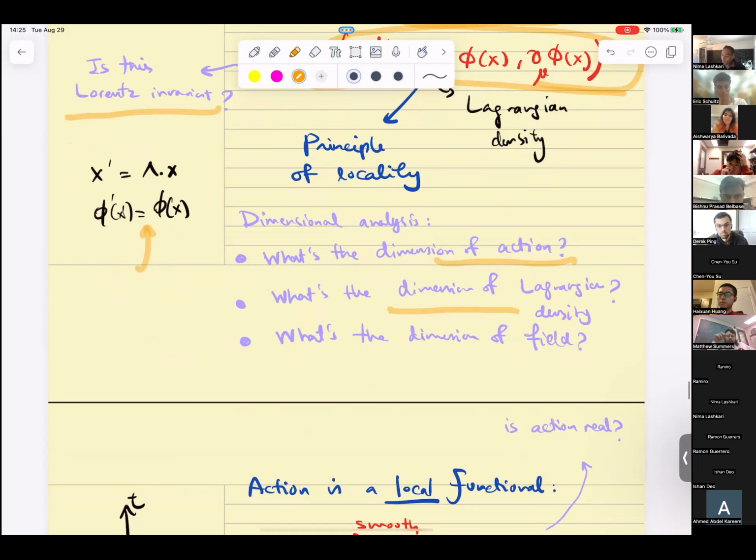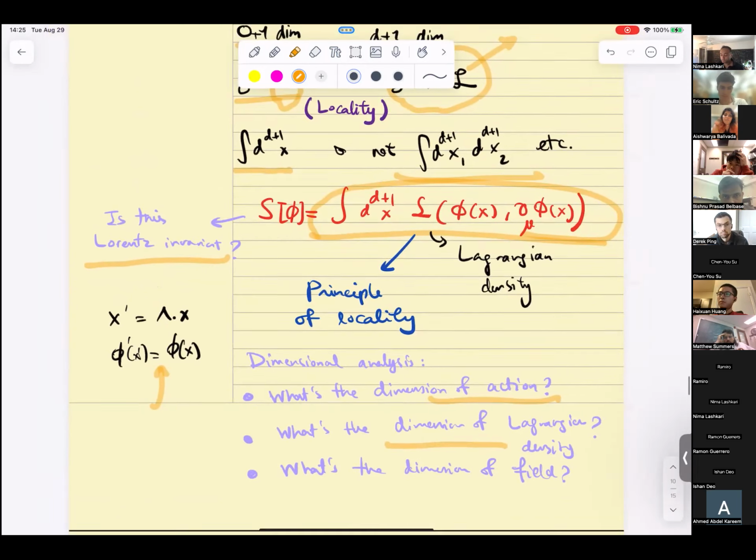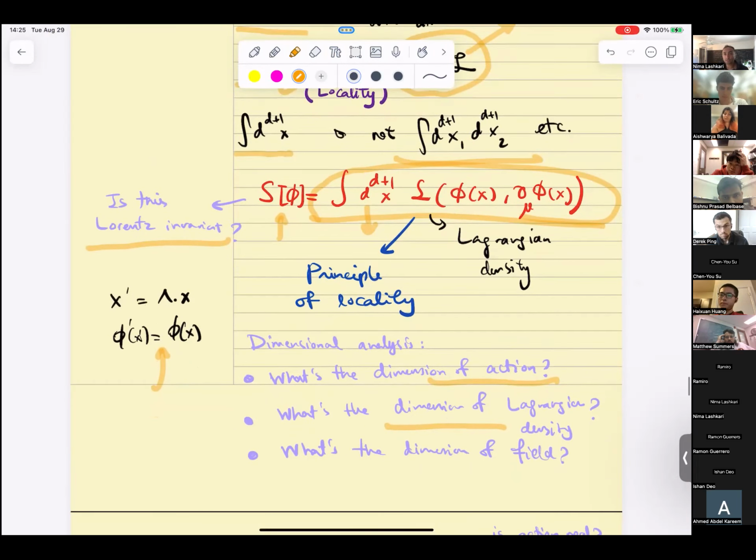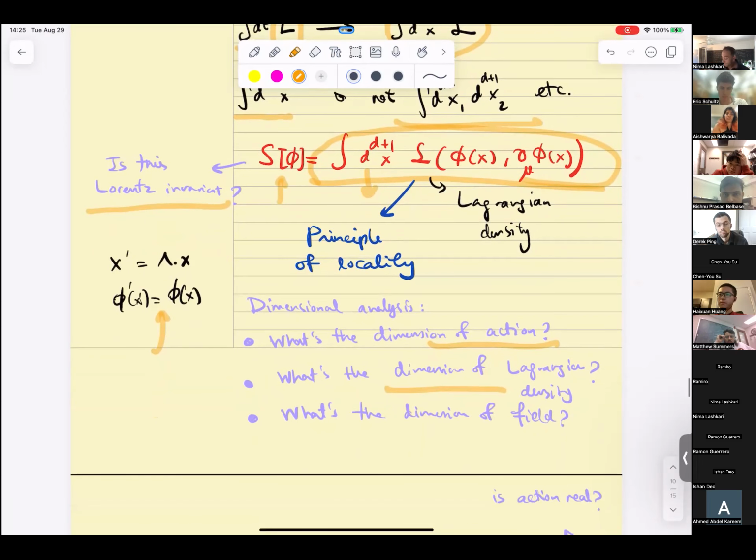What is the dimension of the Lagrangian density? Well, it's pretty clear that it's fixed by the dimension of the action and by this integral. Because the theory is local, the Lagrangian density will have a fixed dimension, and that will fix the dimension of the fields. This is going to be crucial.